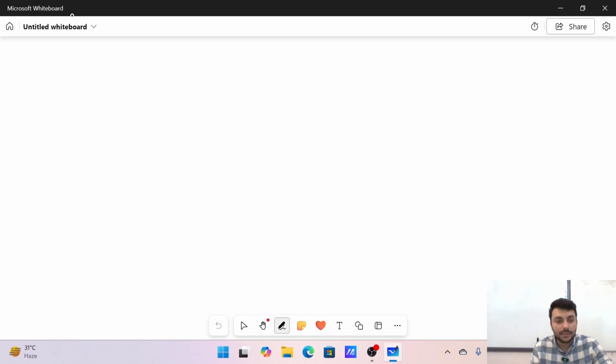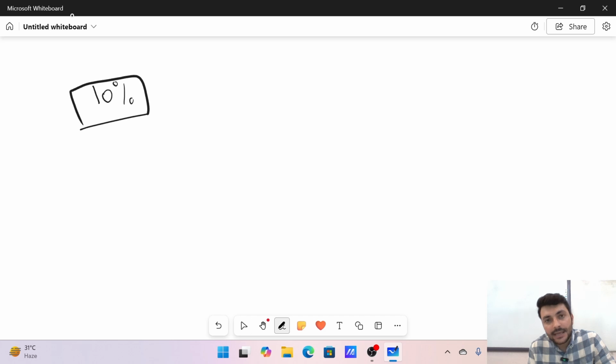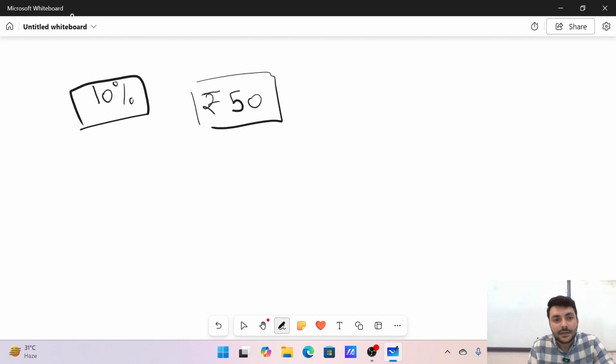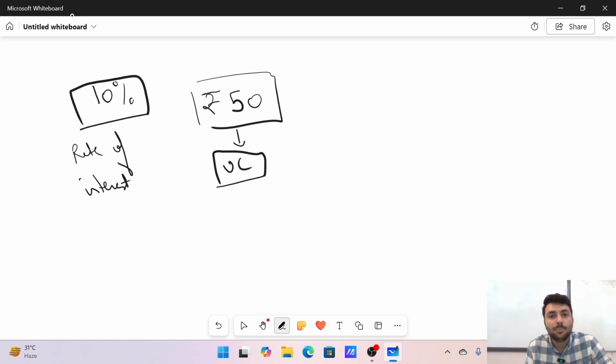All right, for example, if the interest rate is 10% and the user cost is rupees 50. Friends, please understand this thing carefully. If the rate of interest is 10% and the user cost is rupees 50, then in the next time period, the user cost should become rupees 55.